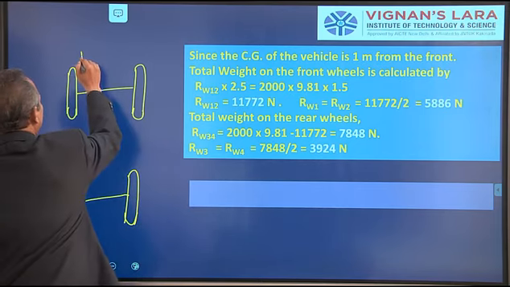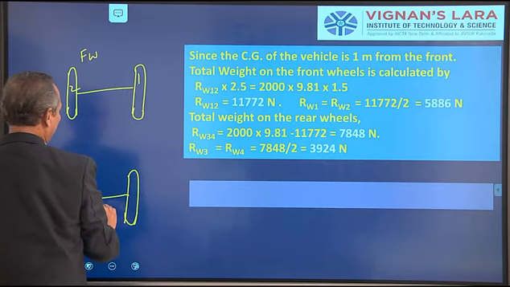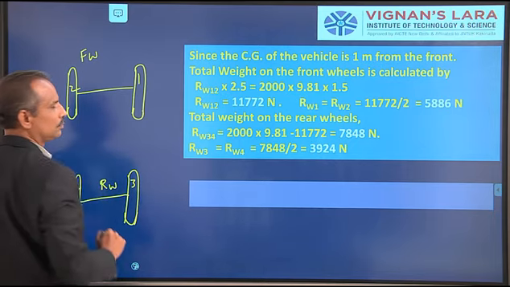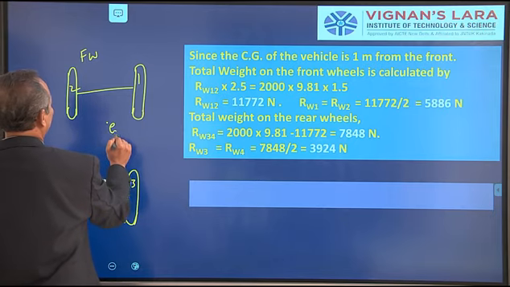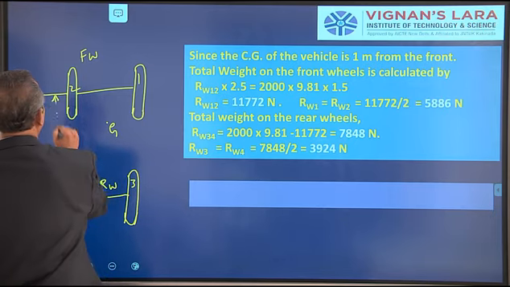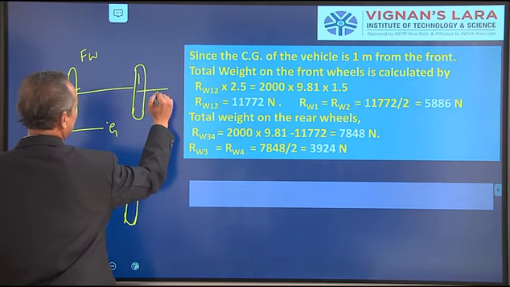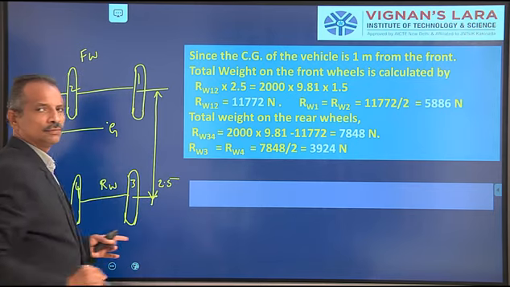These are front wheels, which I called 1 and 2. These are rear wheels, which I called 3 and 4. And we said the center of gravity is here, which is 1 meter from the rear, whereas the total is 2.5 meters.